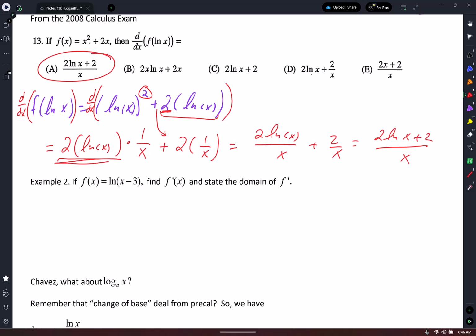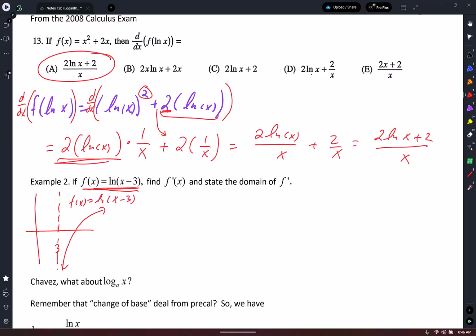So hopefully you remember, guys. Do you remember how ln of x minus 3 looks like? That is a horizontal shift of ln of x 3 to the right. The original ln of x has a vertical asymptote at x equals 0, but this one has a vertical asymptote at x equals 3. That's how f of x equals ln of x minus 3 looks.